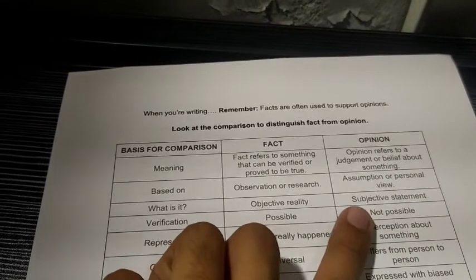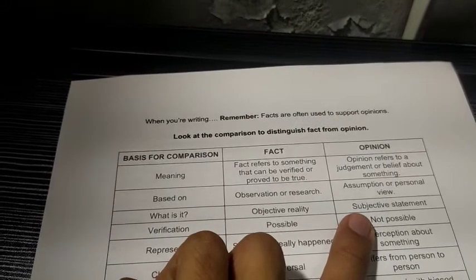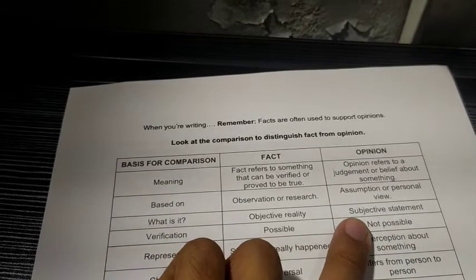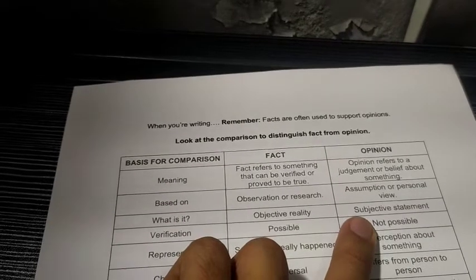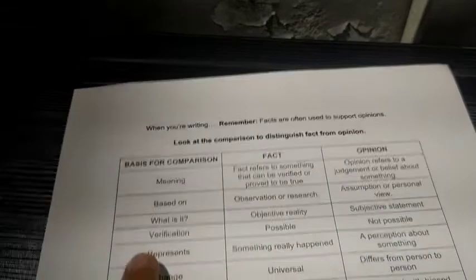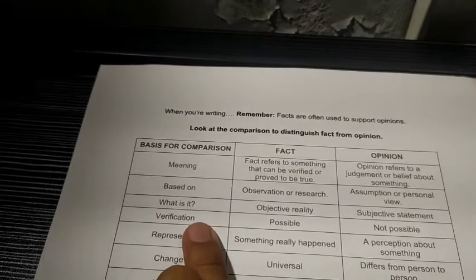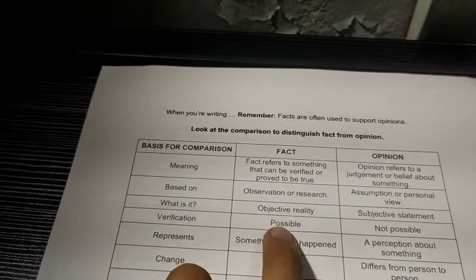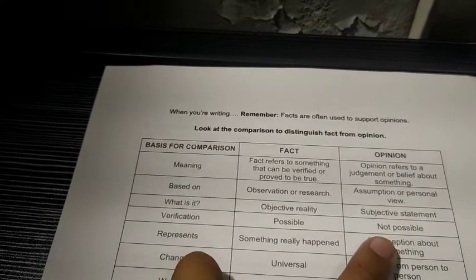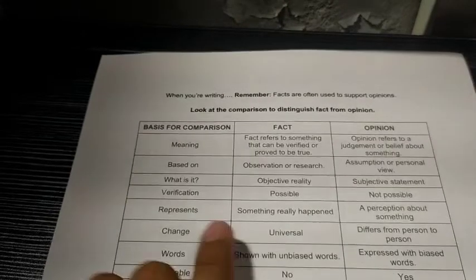But when we say subjective, it depends on each individual, on how they will perceive, interpret, and give meaning to a particular thing. So verification, possible, not possible, meaning you can really verify that it's a fact because there are studies, but we cannot verify opinion because it is not true to all, as simply as that.